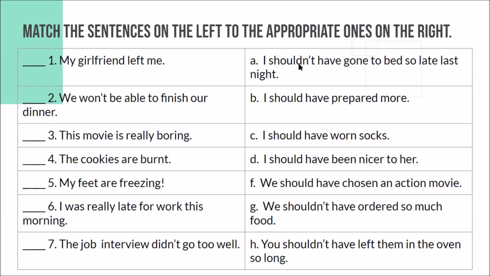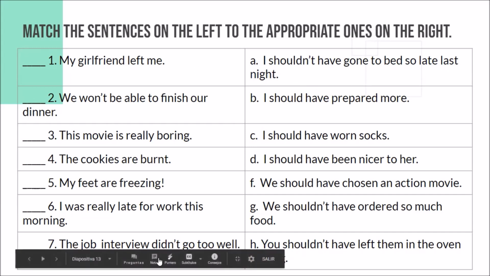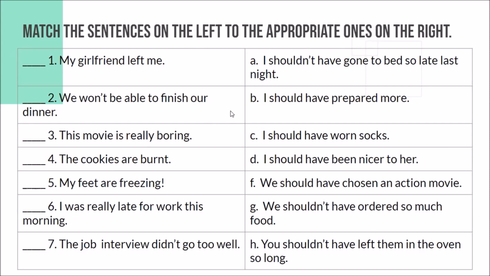For example, I shouldn't have gone to bed so late last night. Okay, so now read the sentences here and match the situations with the appropriate sentence with should have. You can pause the video now to do the activity, and when you're done, you can check the answers.